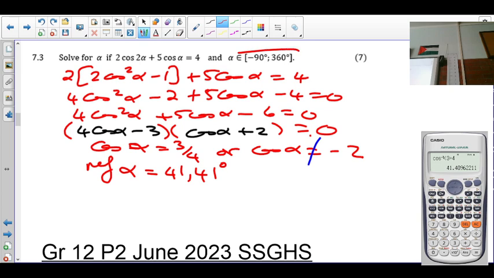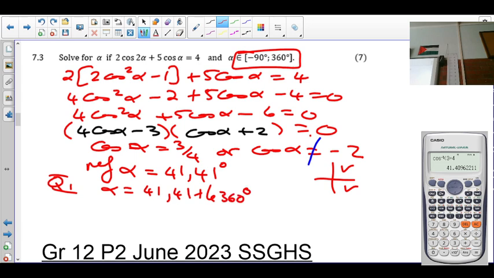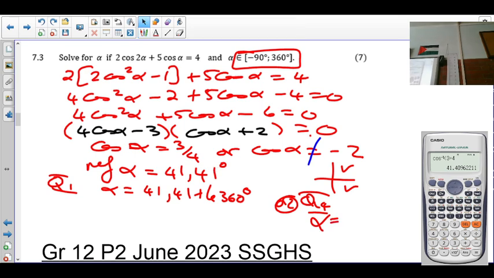Now coming to the restricted domain. Firstly, where is cos positive? Cos is positive in quadrant 1 and quadrant 4. So let's go with quadrant 1. It will be alpha is equal to 41.41 plus k times 360, as the period on the cos graph is 360. Or quadrant 4. How do we get in quadrant 4? You got alpha is equal to 360 minus 41,41.